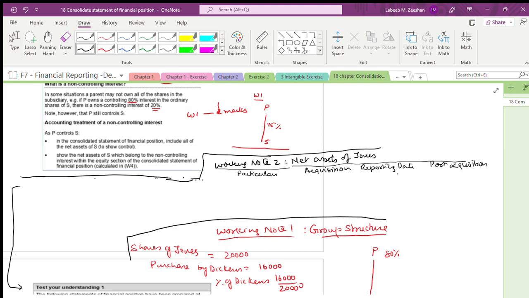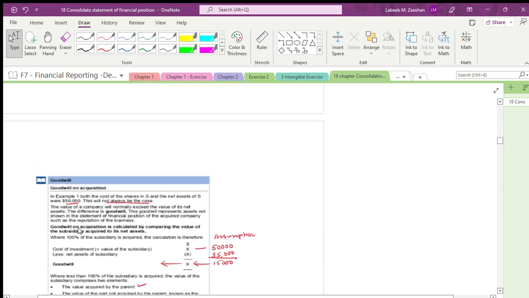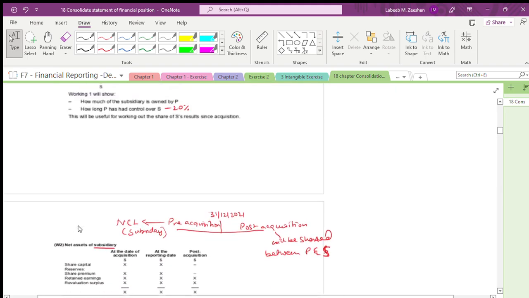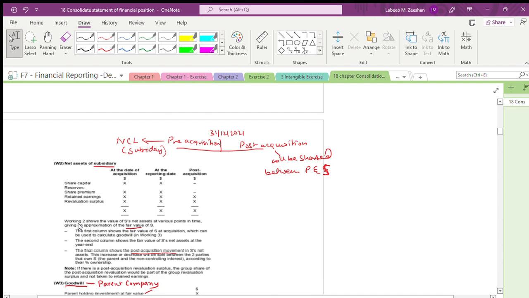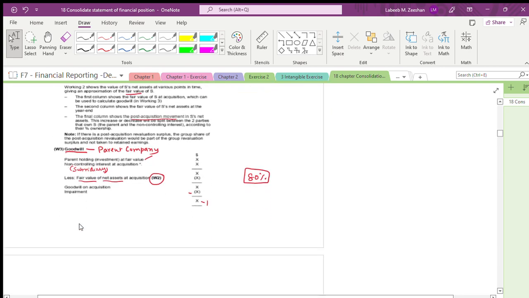Fine. Now, first, what we have to take. They have not mentioned anything specific, but they mention share capital, reserves, share premium, retained earnings and revaluation reserves.